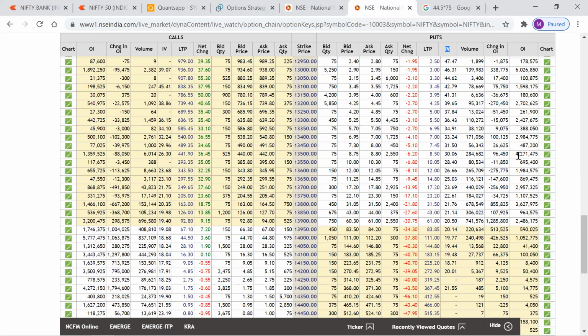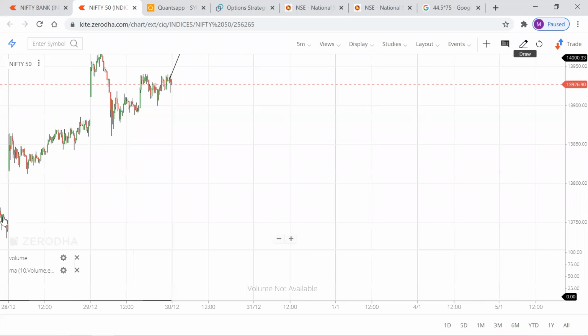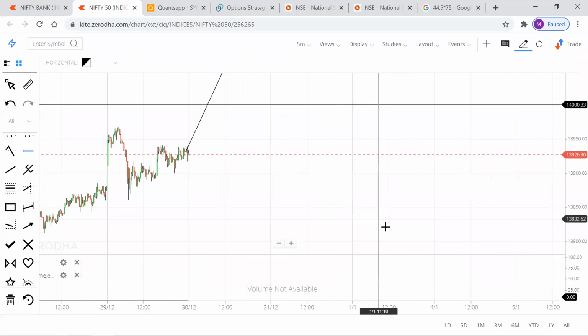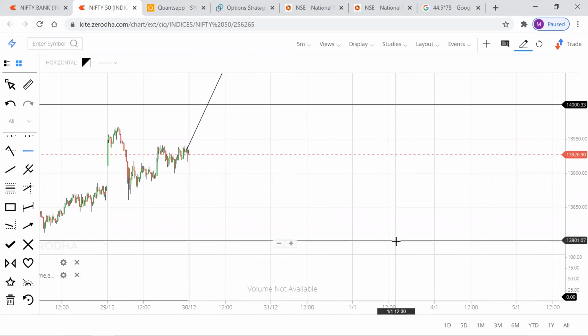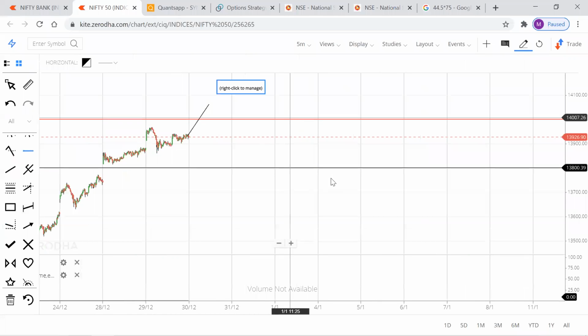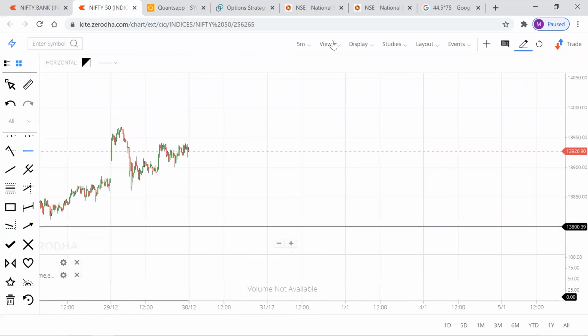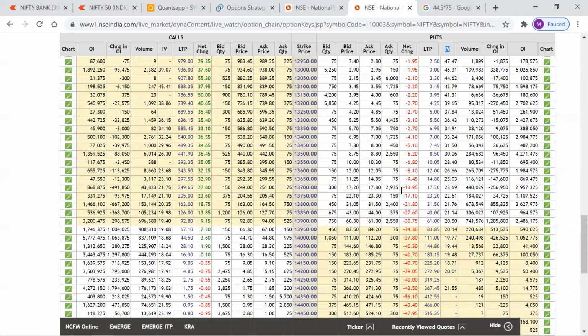So let's choose the highest OI which is closer to the current market price, which is 36 lakh. 36 lakh belongs to 13,800. So 13,800 can act as support here because we have a lot of orders ready to get executed when the market reaches there.